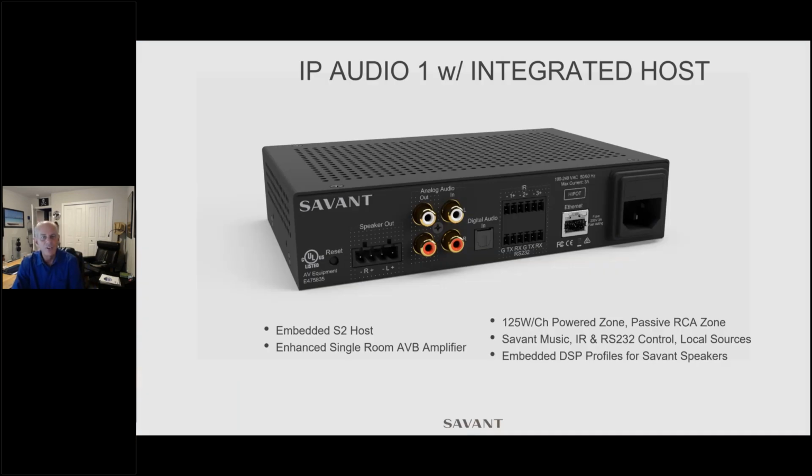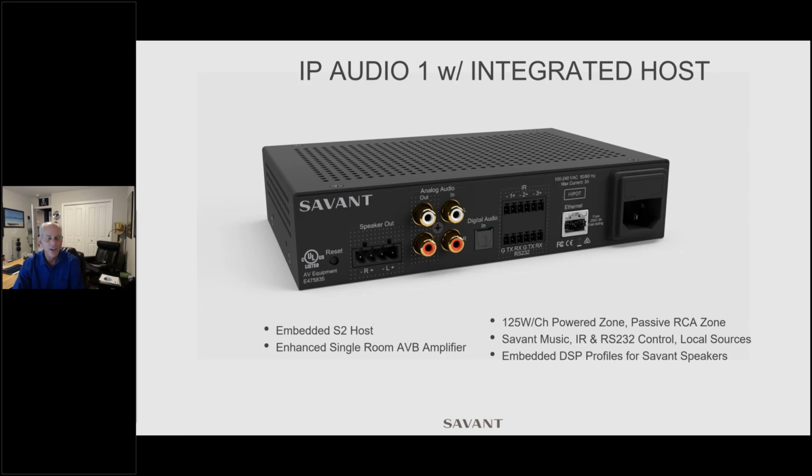So this is an amazing product. This IP Audio One is absolutely packed with great features, great benefits, great technology, and something that you can use to leverage and differentiate from your competition, because there really isn't any other product in the market like this product.